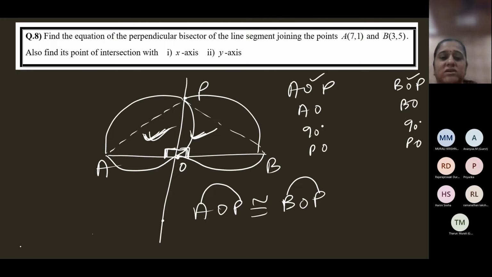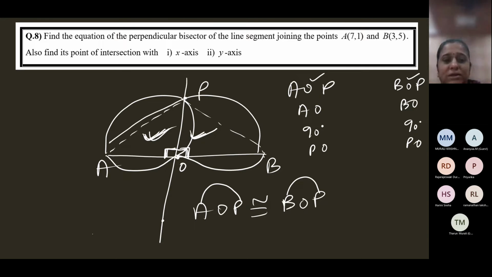So that we say in words. Any point on the perpendicular bisector is equidistant from the ends of the line segment. This result, you can just write in words. See, what is this?